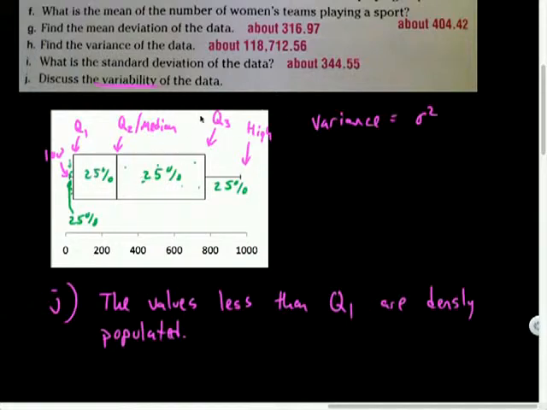Let's see, the mean value, what was Q2? That was the 282. And the variability is 344. So the standard deviation is actually greater than the mean. So that means it's actually jumping far away from this rather quickly. So the mean deviation and standard deviation sigma are greater than the mean.